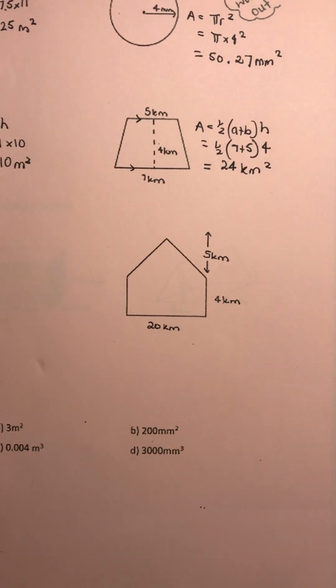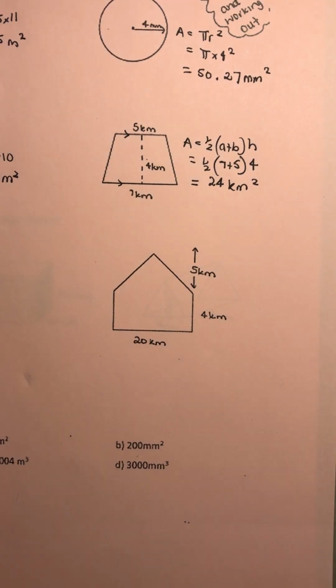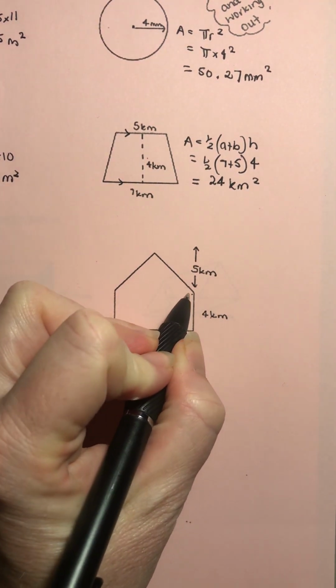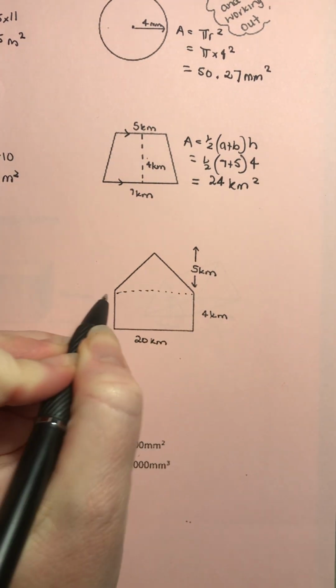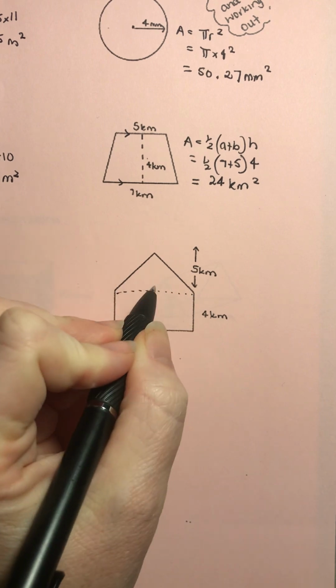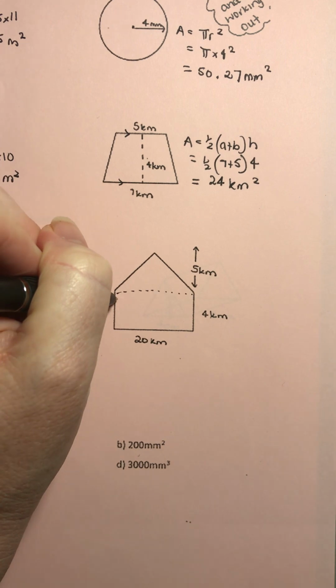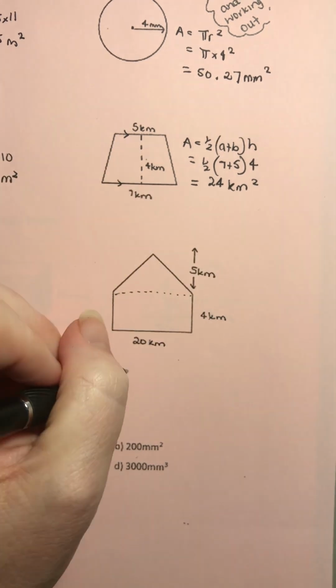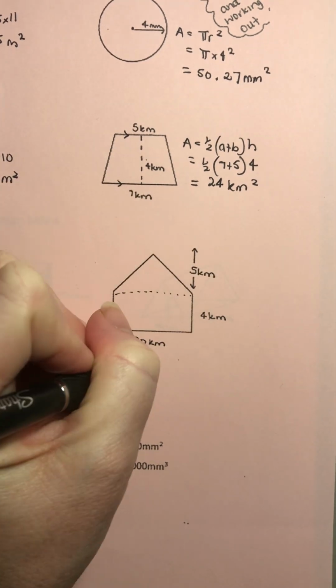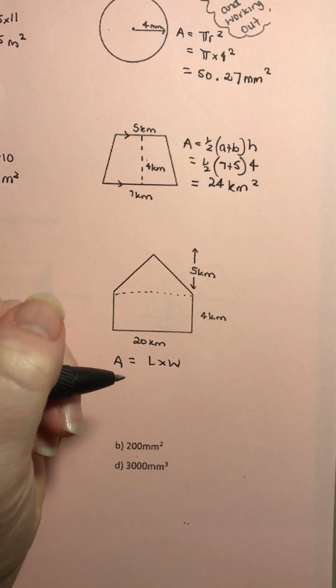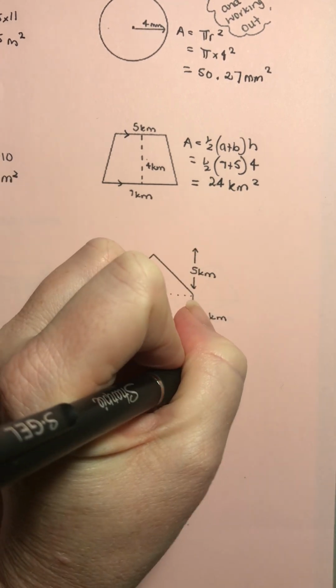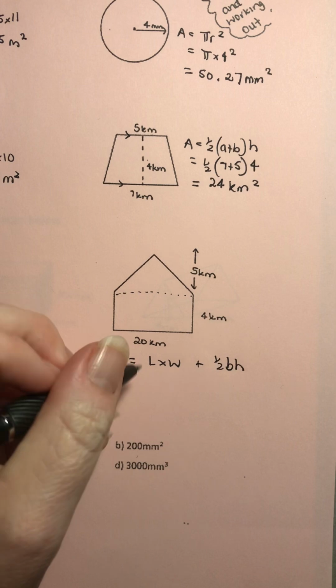The last one of our area calculations we have is a shape. Now we can put a little dotted line across here so that we've got a rectangle and we've got a triangle. Now we know the height of our triangle is 5, the base of our triangle is 20, and then we've got the rectangle that is 20 by 40. So we've got the length times width for the rectangle, and then we've got a half of base times height for the triangle.